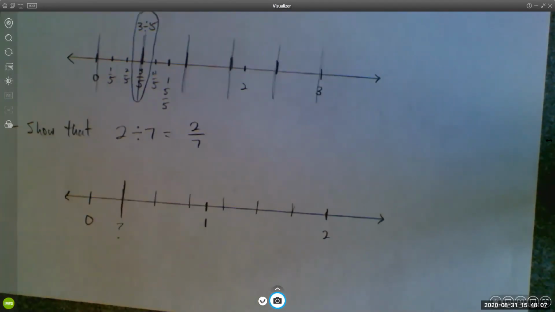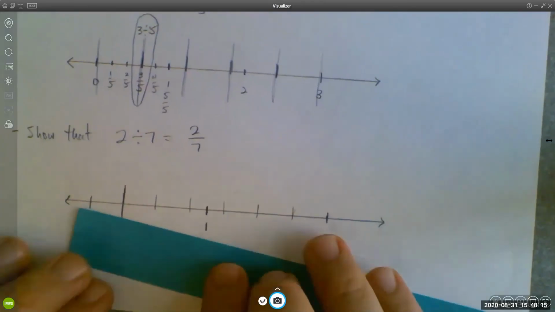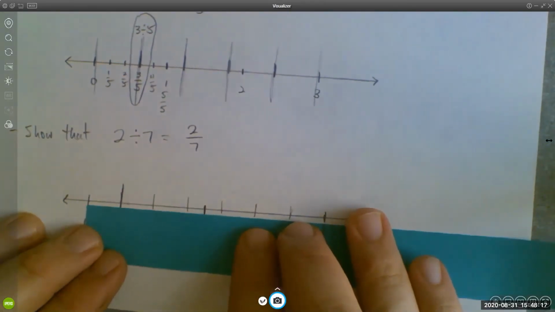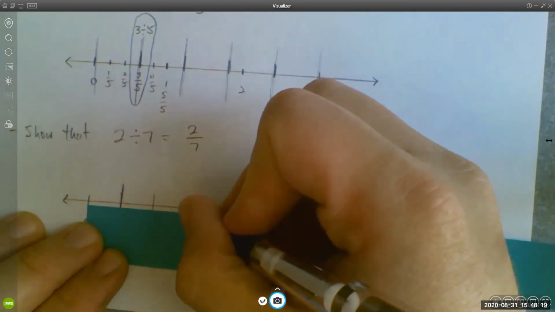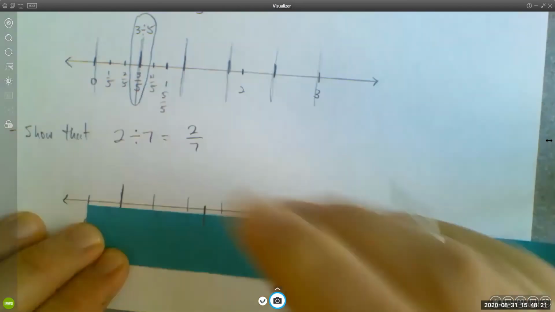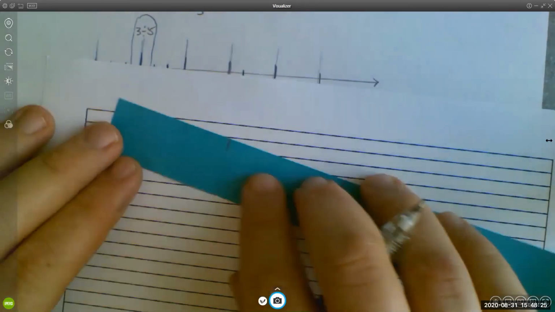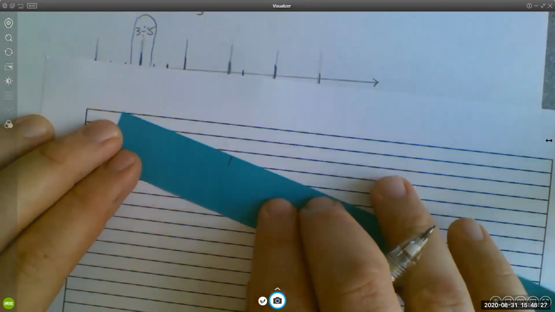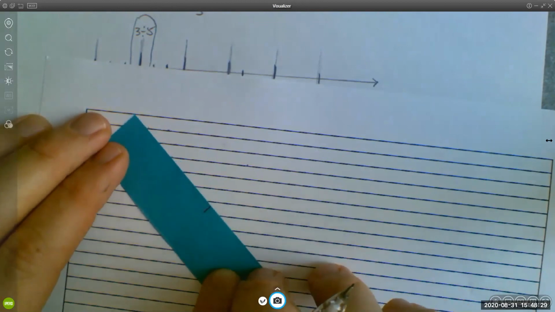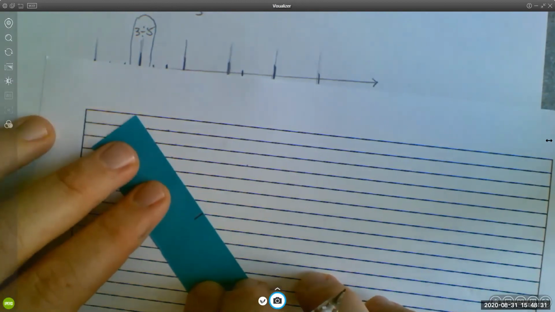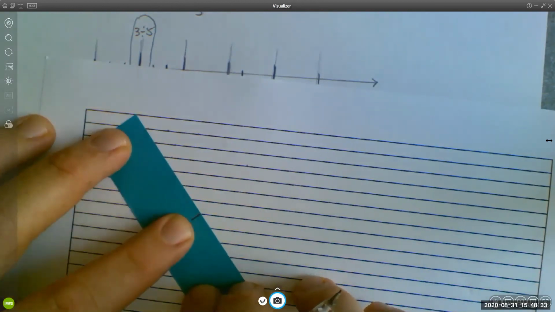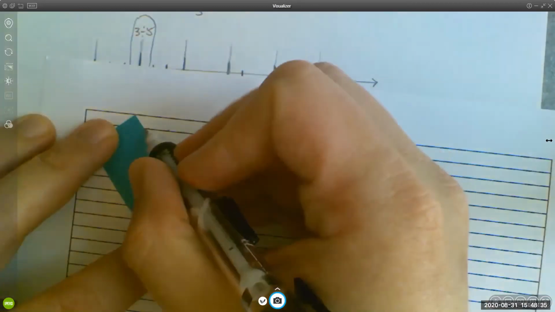And to verify that claim, I need to split the distance between 0 and 1 into 7 equal parts and take the second one, right? So I'm going to mark my unit. I'm going to split that unit 7 ways. 1, 2, 3, 4, 5, 6, and 7. So that should be something like that.